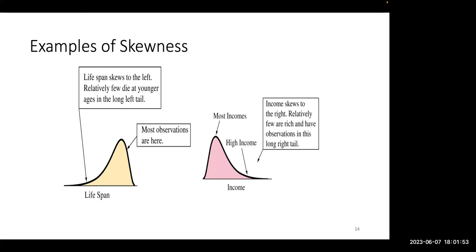Income, household income or an individual's income, is more likely to be right skewed, because only the outliers will earn more than the median and more than 75% of the population.